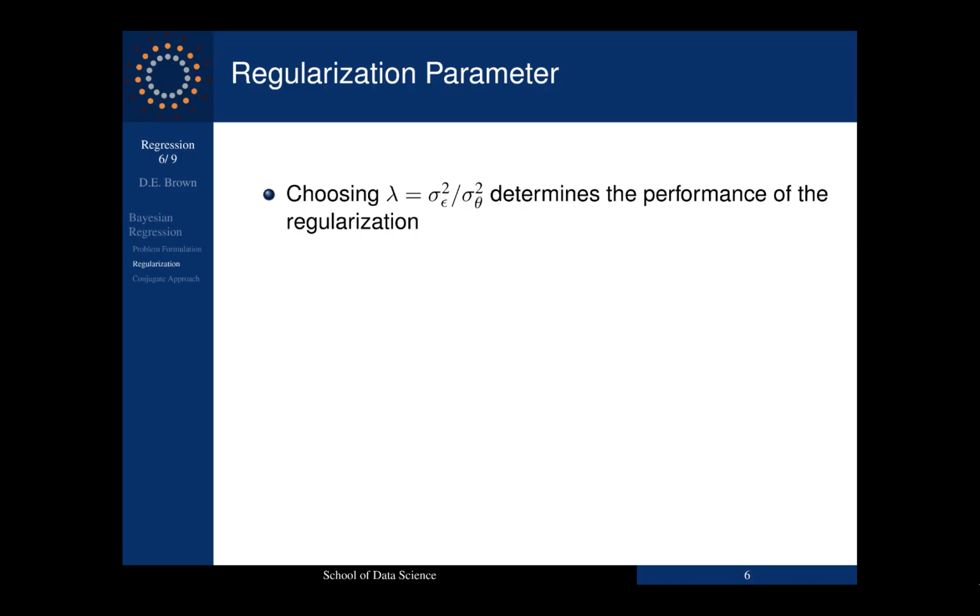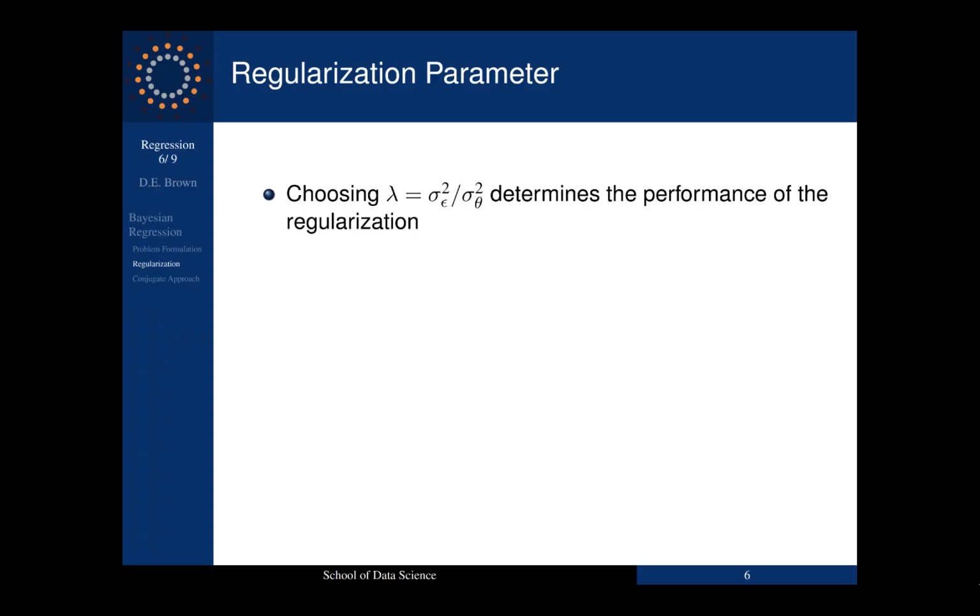In general, in ridge regression, choosing the lambda actually determines the performance of how we regularize the problem, which means we reduce the number of variables, or we downweight the variables, in order to get a solution that generalizes better in our problem space, which is what we mean by regularization.